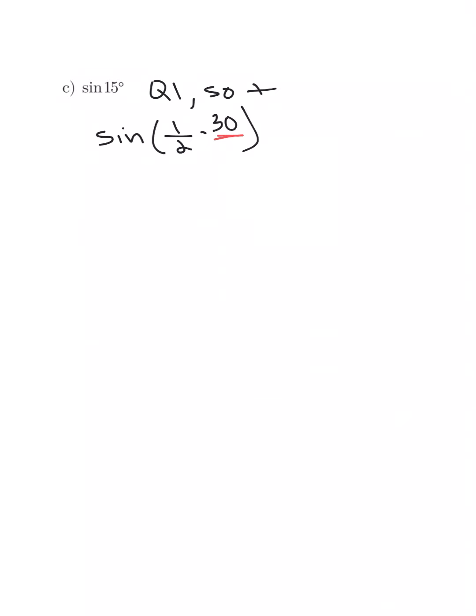The formula for sine, just so you have it, is the square root of 1 minus cosine theta over 2. We already know this is going to be positive, so I didn't put the plus or minus on the front.